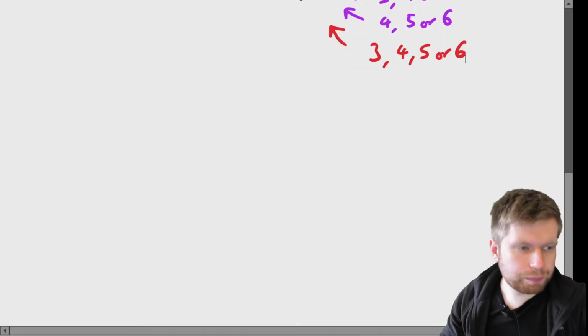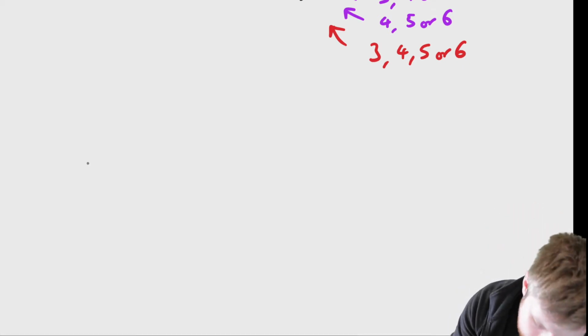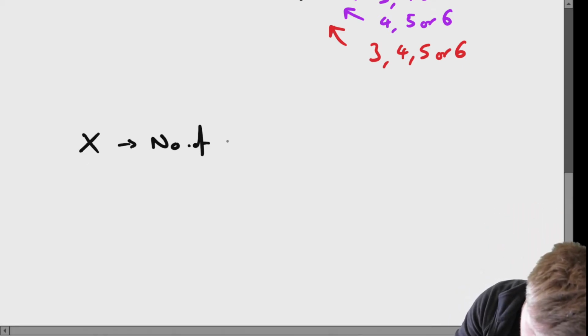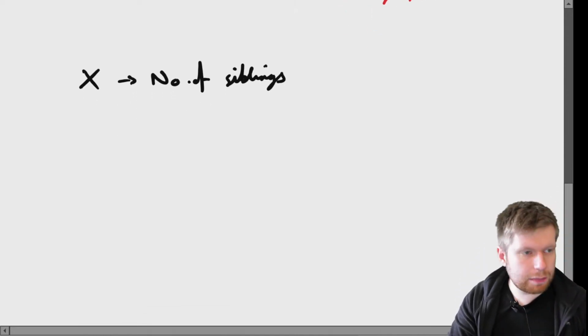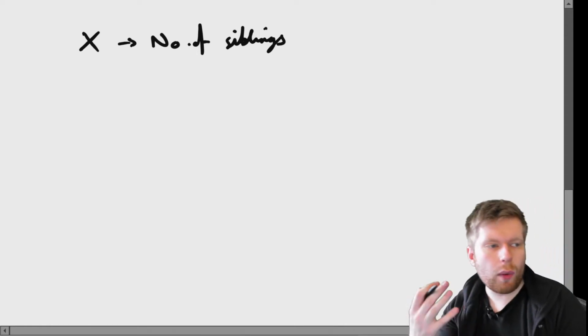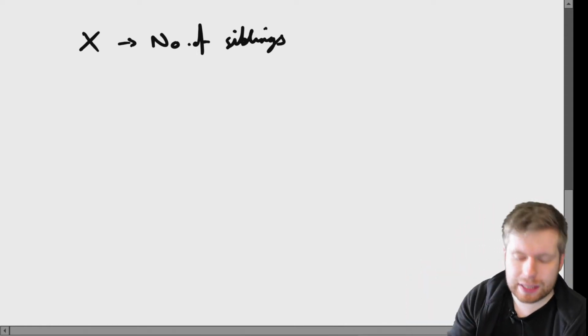So as an example, I've now said that X is the number of siblings. So I don't have to write number of siblings every single time. Whenever I see X, I just mean number of siblings. And I've just said the lowercase letter x would be the specific outcome.